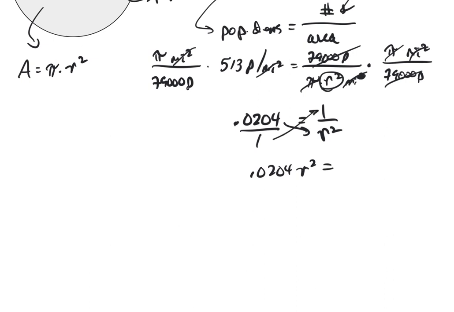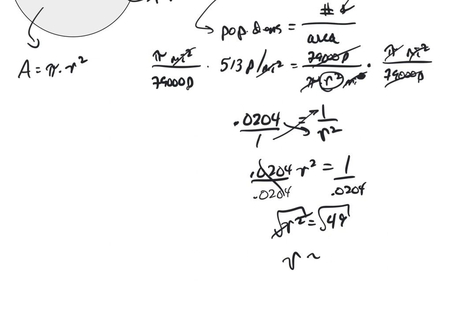And going this way is just 1 times 1. So to get rid of the weird decimal, divide. So r squared is going to be equal to 1 divided by 0.0204, which is approximately 49. And then to get rid of the power of 2, take the square root. And so r is approximately equal to 7 miles.